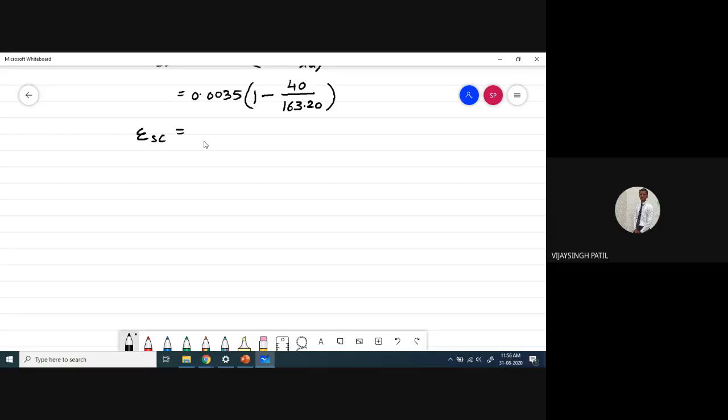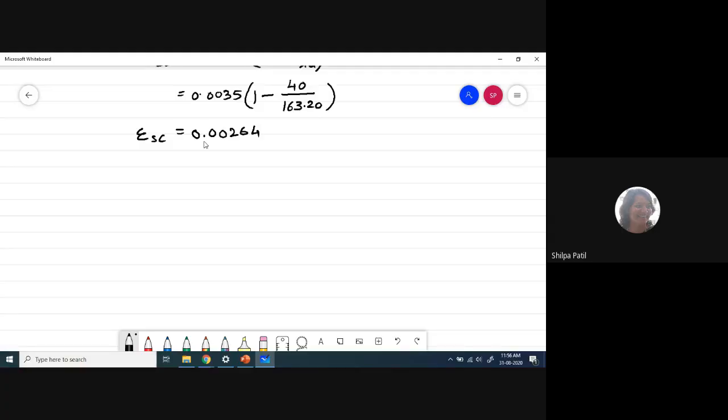It is 2.64 into 10 raised to minus 3, that is 0.00264.